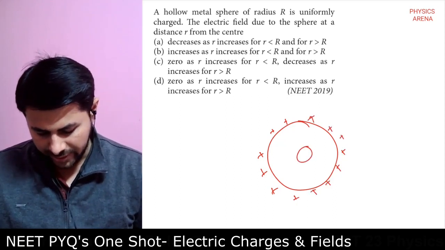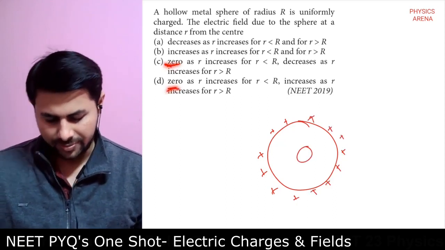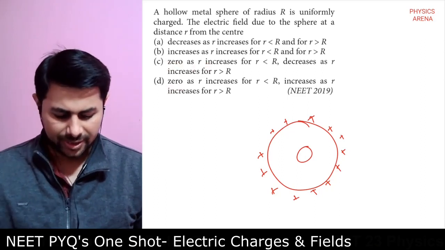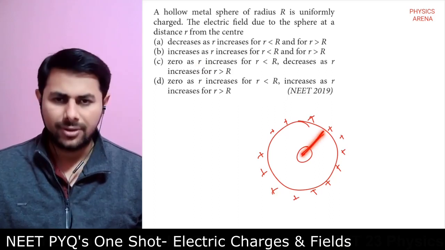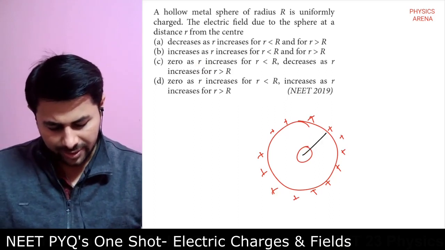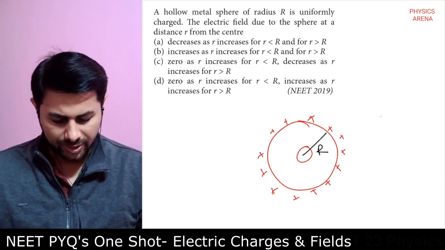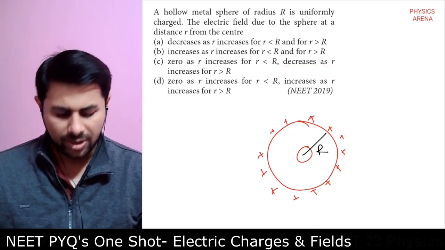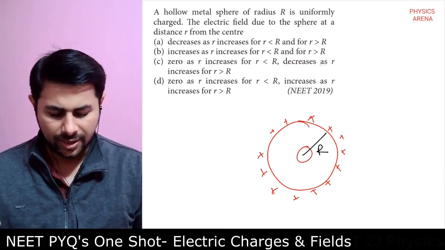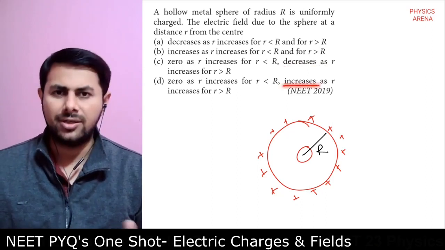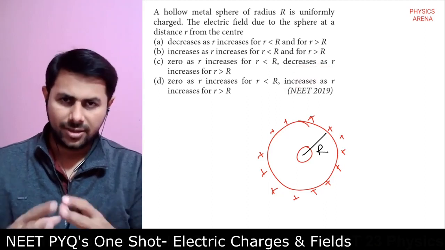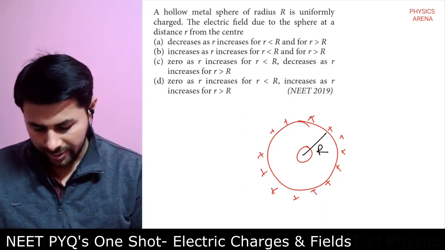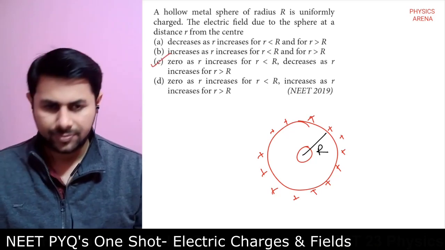So option C and option D tell that it is 0 for r smaller than capital R. The electric field is 0. And then option C is saying it decreases as small r increases for r greater than capital R, and option D is saying it increases. So obviously, as you go away from the sphere, it goes on decreasing. Okay, so option C is the answer.